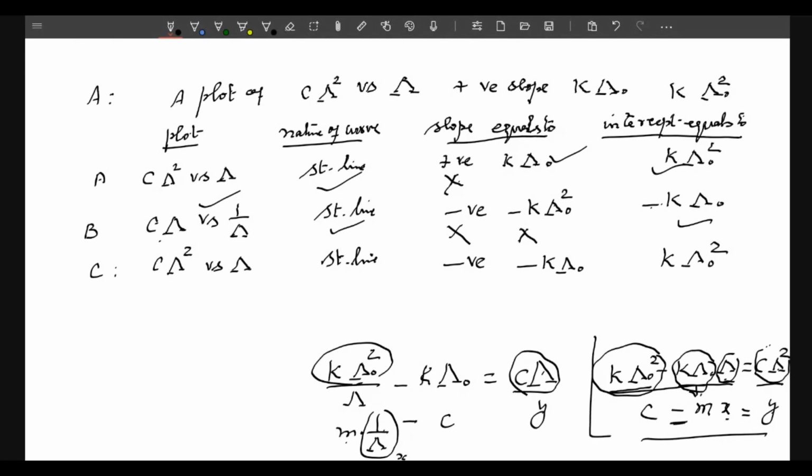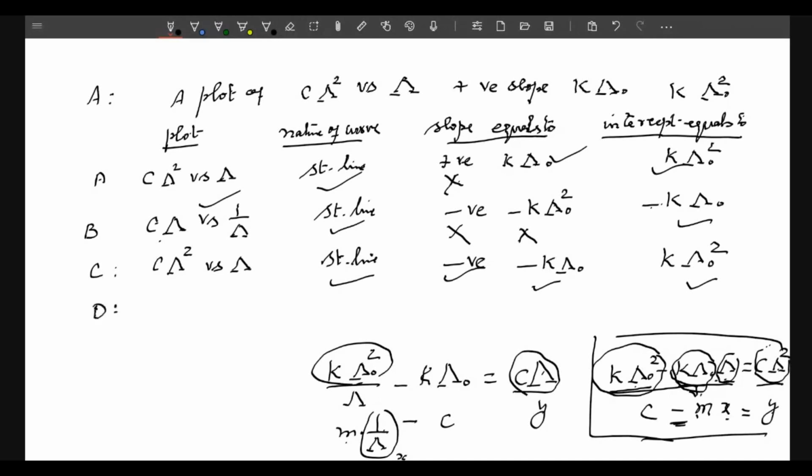Look at the first equation and find out whether it is correct or wrong. Straight line, correct, and it is y equals minus mx plus c. Therefore, it is negative, and m is equal to K lambda naught. This is also correct. Intercept is also correct. Therefore, this is a correct statement.